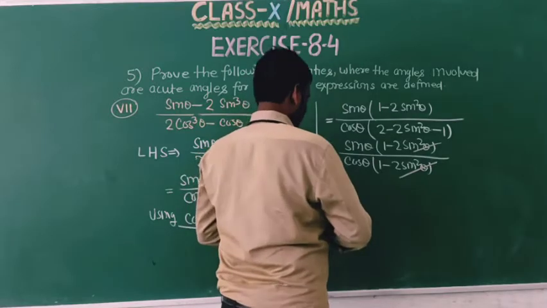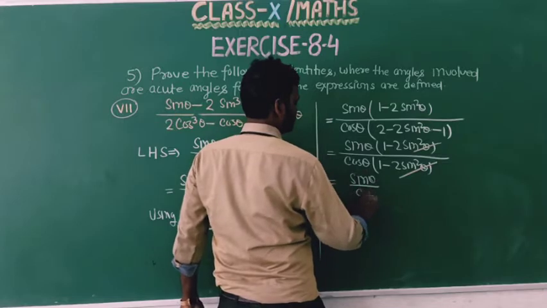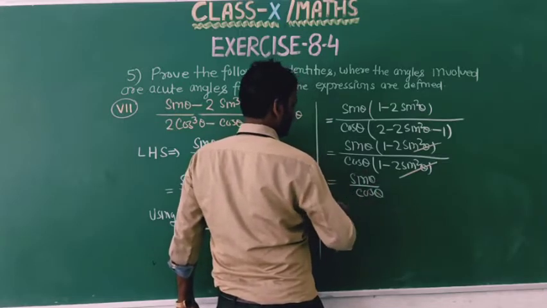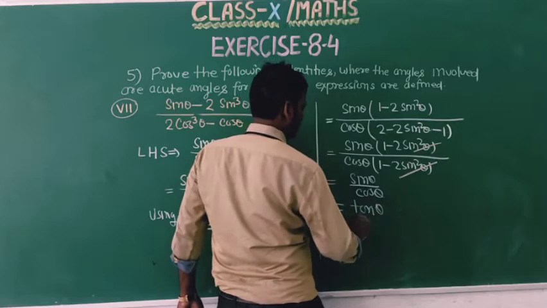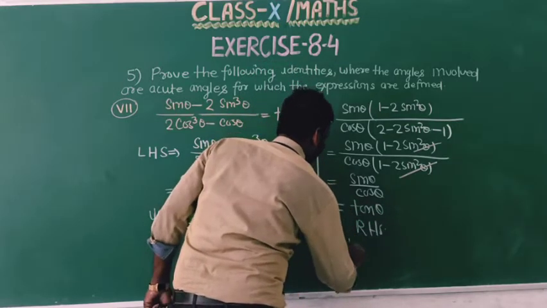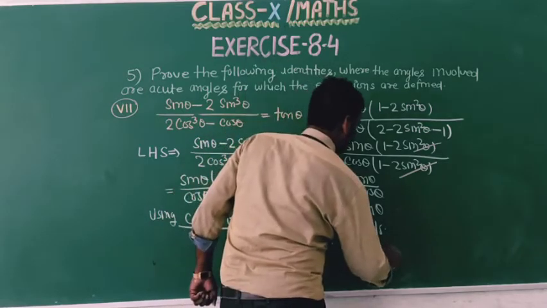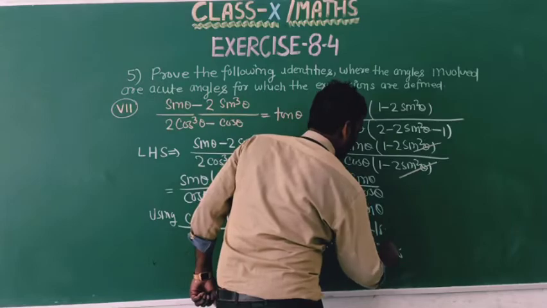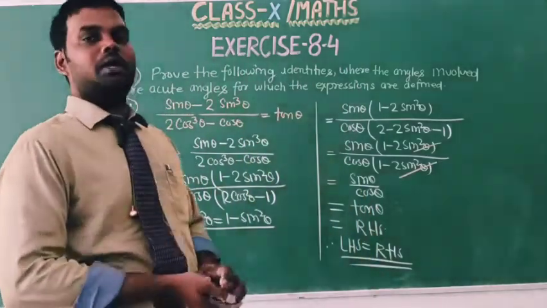So this is only sin theta upon cos theta, which becomes tan theta. So this is the RHS part. Therefore we have shown LHS equal to RHS.